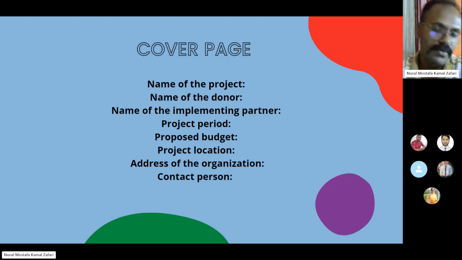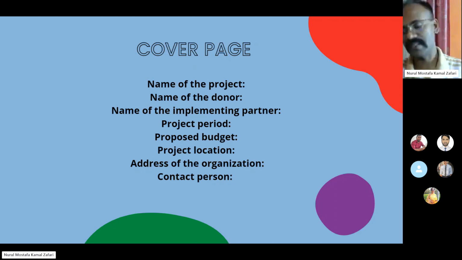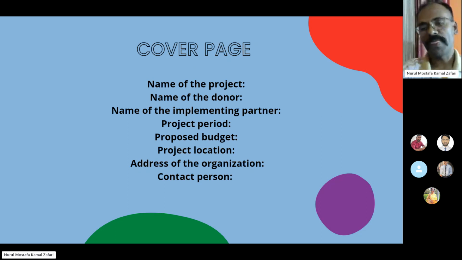Maybe this is the full name of the project, but they give the short name Power Project. Power means prevention of abuse to women and bringing resilience for them. So you can also put this type of short one-word name on your project if your donor agrees, or if your organization agrees.